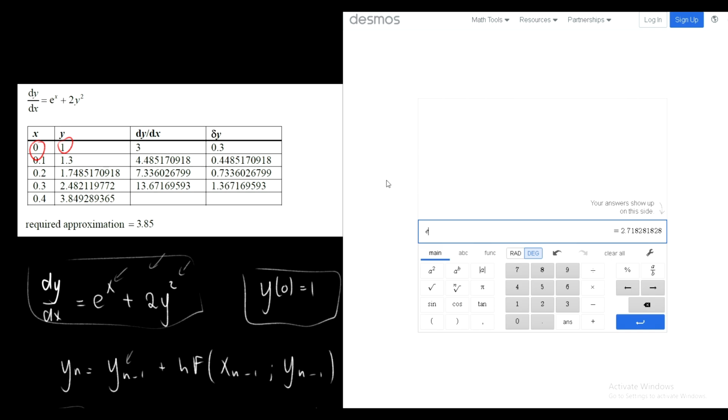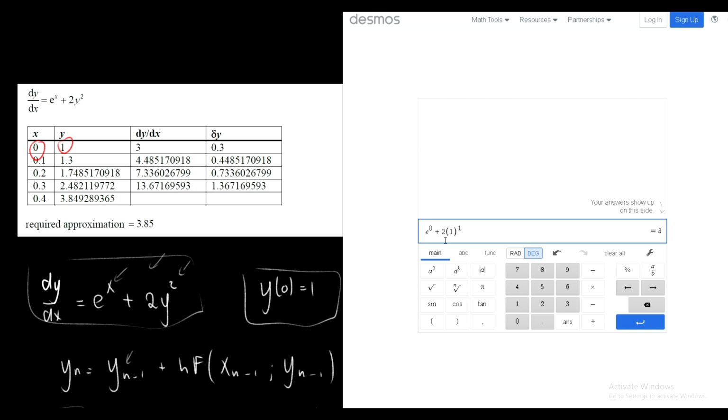So it would be e raised to the 0 plus 2 times 1, that was 1. Okay, so there you just plug in the original equation. So for the next one, what would we plug? Oh, we plug into the differential.